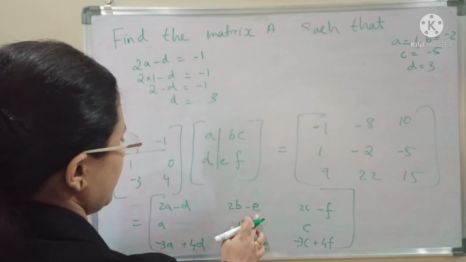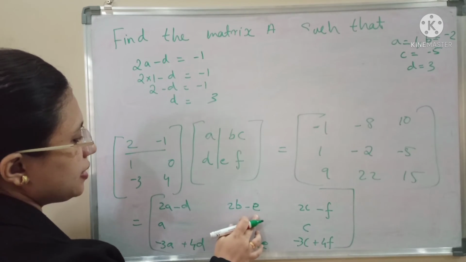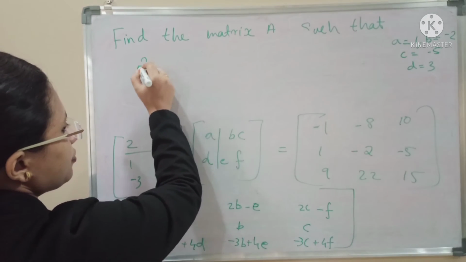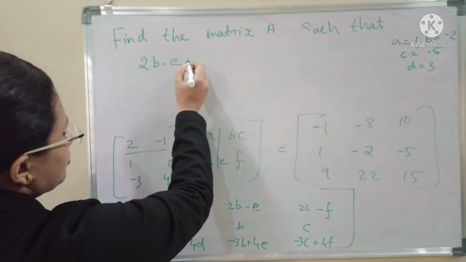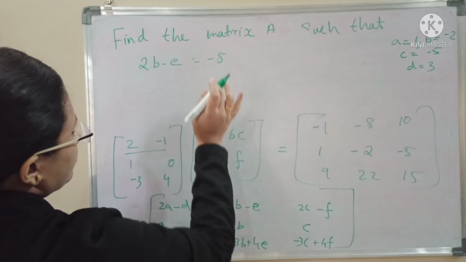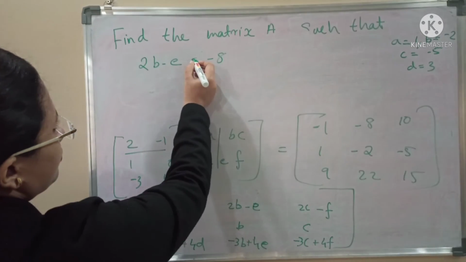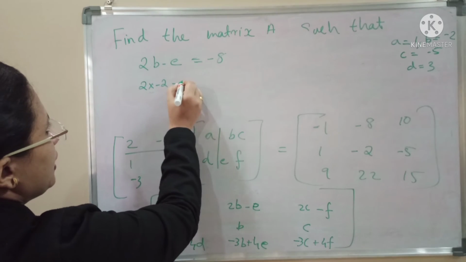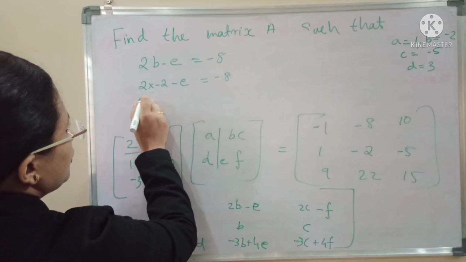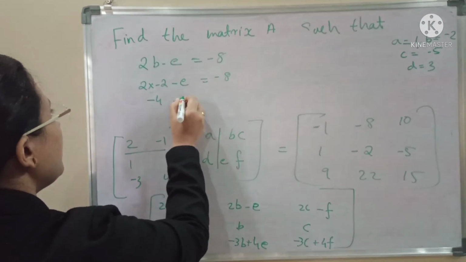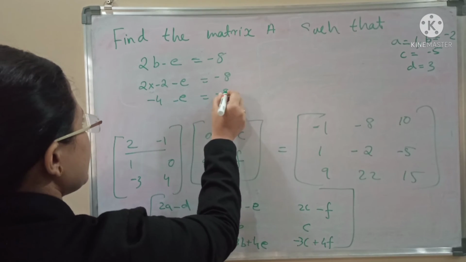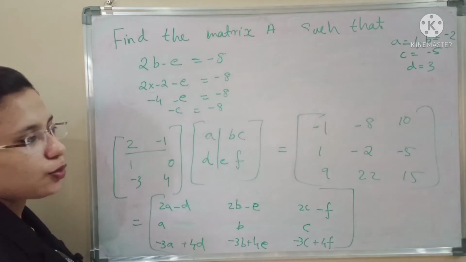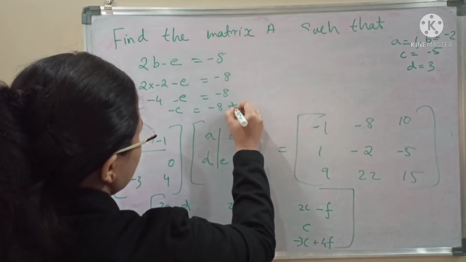Similarly, take this one: 2B minus E equals minus 8. B value is minus 2. 2 into minus 2 minus E equals minus 8. 2 into minus 2 is minus 4. Minus 4 minus E equals minus 8, so here it will be plus 4.